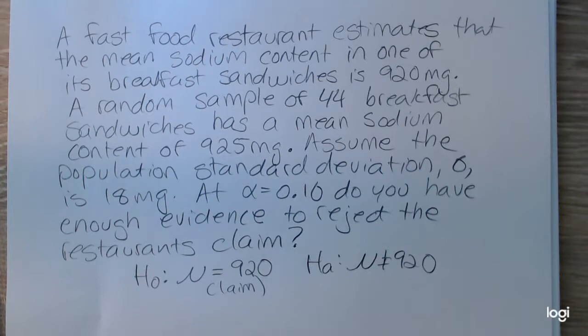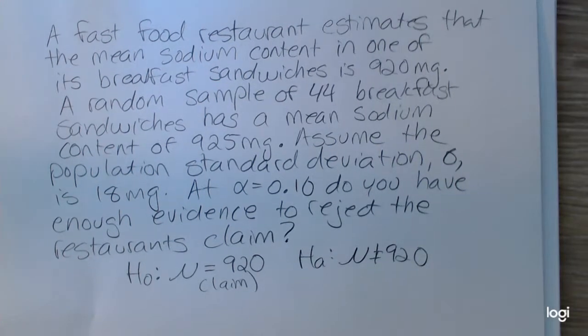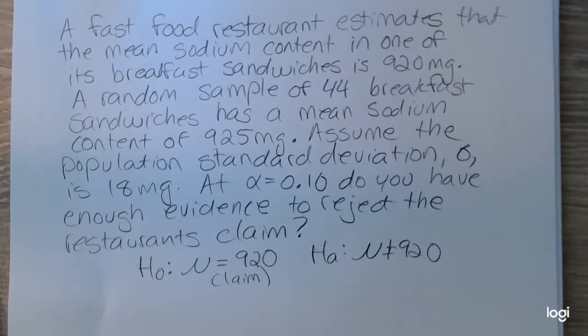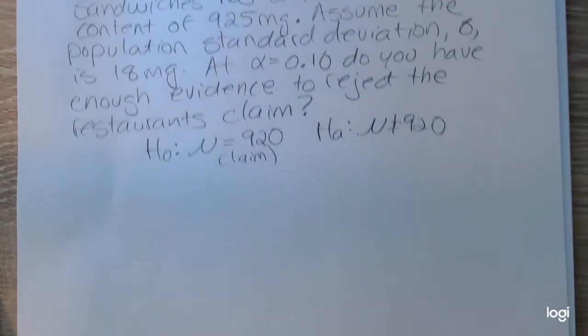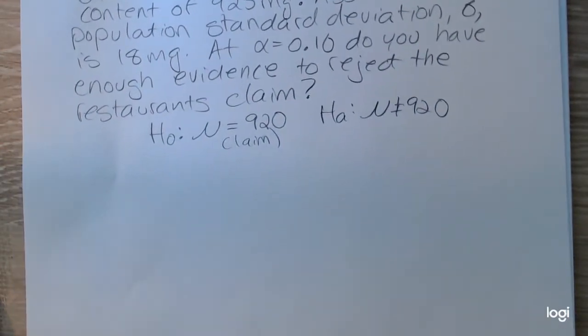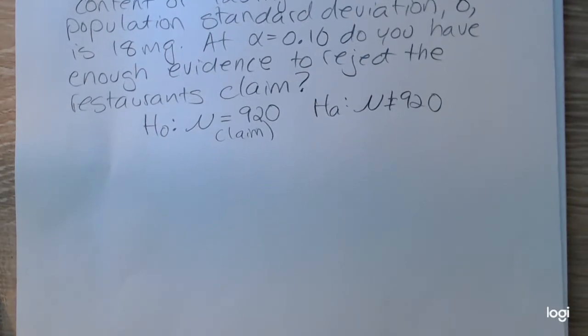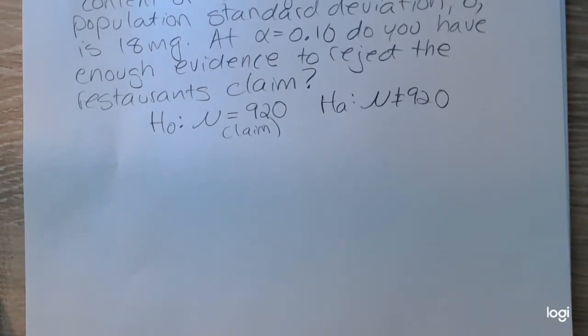I strongly suggest using your technology to find the p-value, but I'm going to go ahead and find it by hand, and then I'll show you how to find it on the TI-84. Well, not necessarily fully by hand. I will be using the normal CDF function that I went over a few chapters ago.